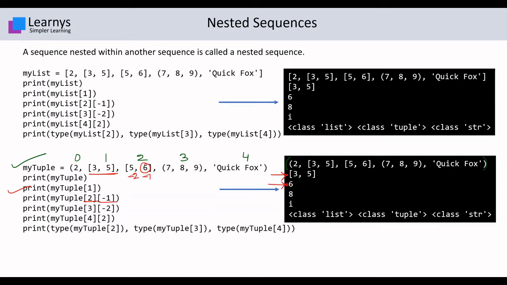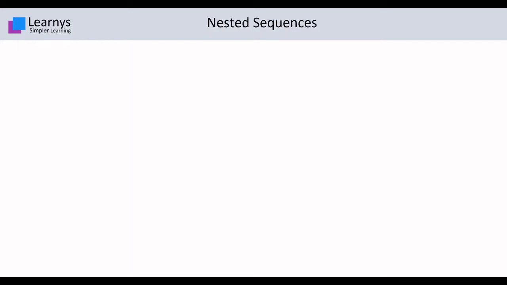Similarly, [3][-2] will be the value 8, just like in the list. Similarly, [4][2] means go inside the string, and at index 2, which is I, will be printed. Similarly, you can print the types of mytuple[2], mytuple[3], and mytuple[4], which are class list, class tuple, and class str respectively.